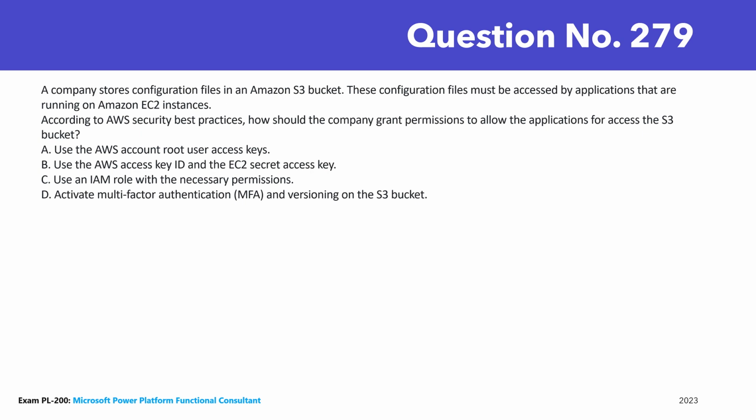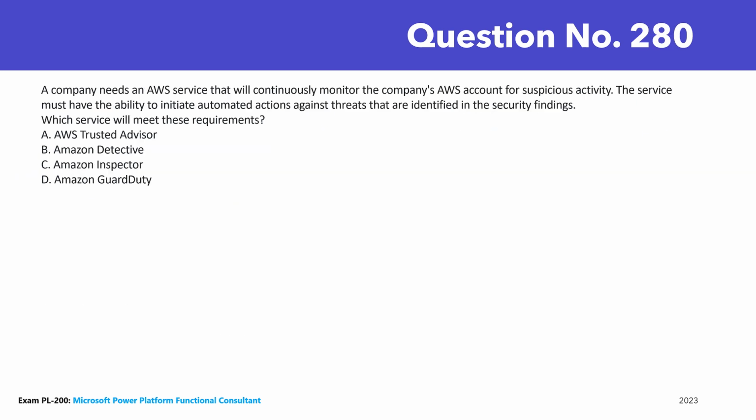B. Use the AWS access key ID and the EC2 secret access key. C. Use an IAM role with the necessary permissions. D. Activate multi-factor authentication, MFA, and versioning on the S3 bucket. Correct answer, C.